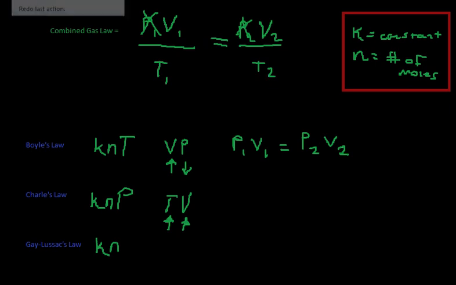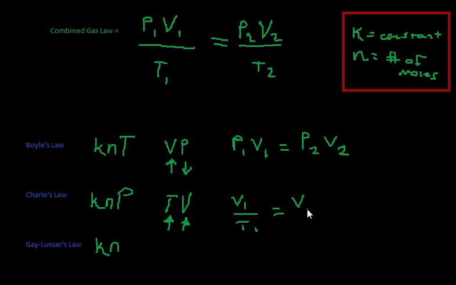I'm going to get rid of what we crossed out so we can use it for the next one. But let's write that out. If we know our pressure is constant, we're going to have volume over temperature of our initial amount, and then our ending amount, same thing, volume over temperature. And that's the equation that we would use.